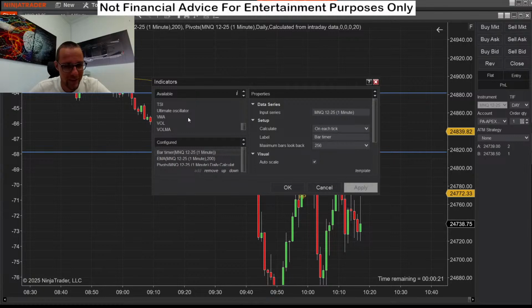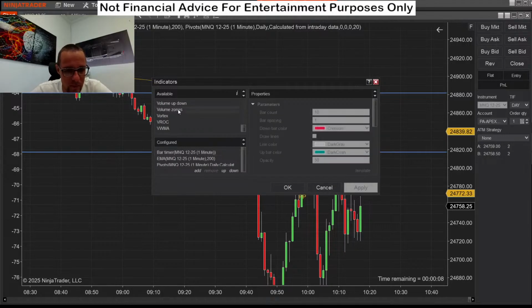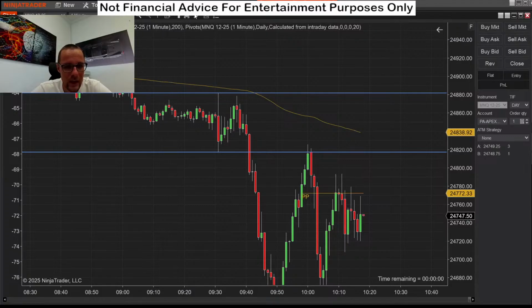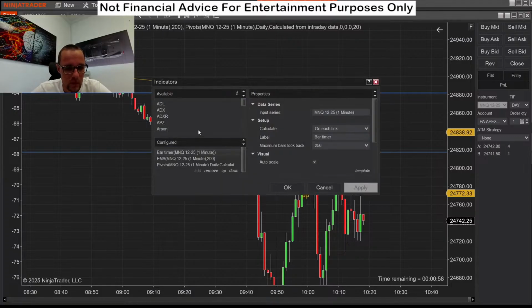Volume. All right, here it is. Volume oscillator. Holy crap, there's so many volume indicators. Volume zones. Probably volume zones, right? Yeah, let me do that. Okay, what happened? Nothing happened. I just want to see how much volume was in that volume profile.